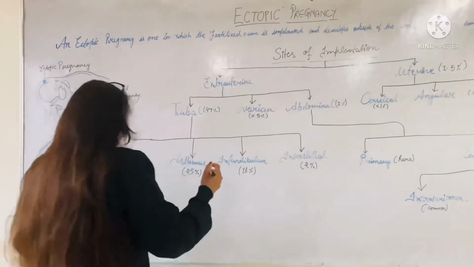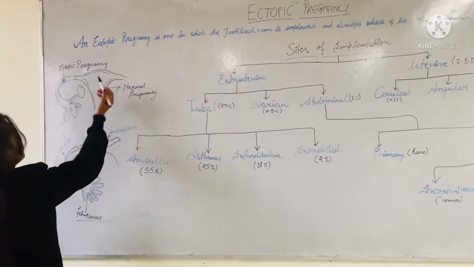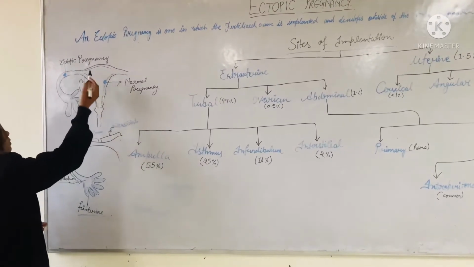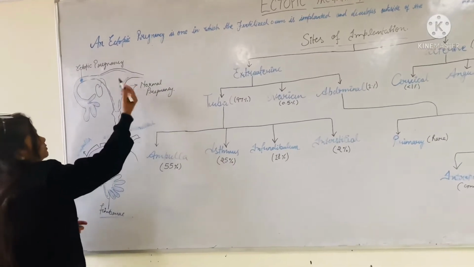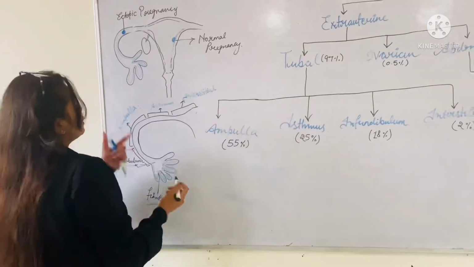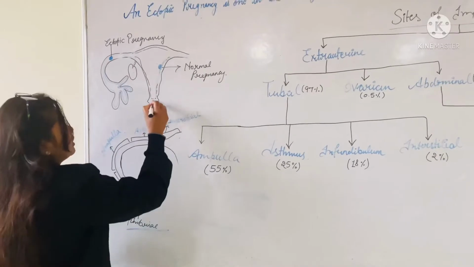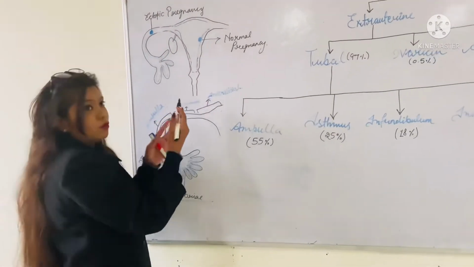Okay, so actually normally how does the pregnancy take place? As you can see in this one, these are all the fimbriae, this is the fallopian tube, this is the fundus of the uterus, and this is the body of the uterus, and the same structure will be here too. I didn't draw it here. So first of all, in the normal pregnancy, what happens? The sperm will go inside, and in either fallopian tube, the ova will be there.